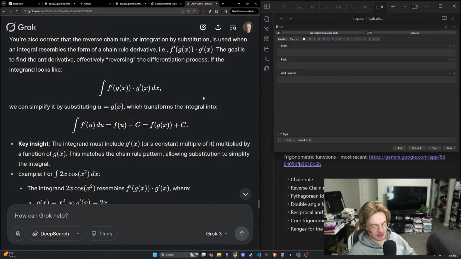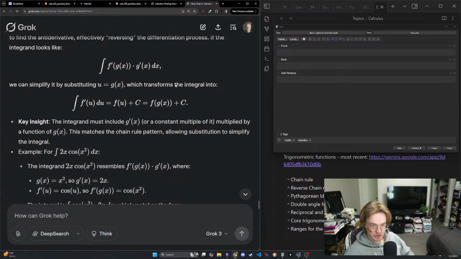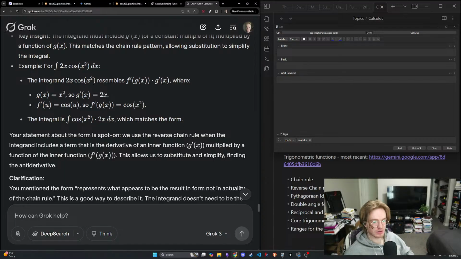Key insight: the integrand must include g prime of x, or a constant multiple of it, multiplied by a function of g of x. This matches the chain rule pattern, allowing substitution to simplify the integral.